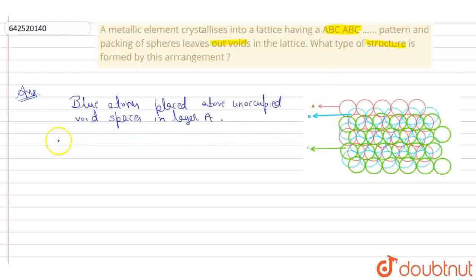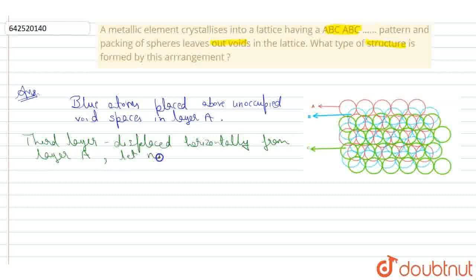And here the third layer is displaced horizontally from layer A. Let's name it C, layer C. That is this one.